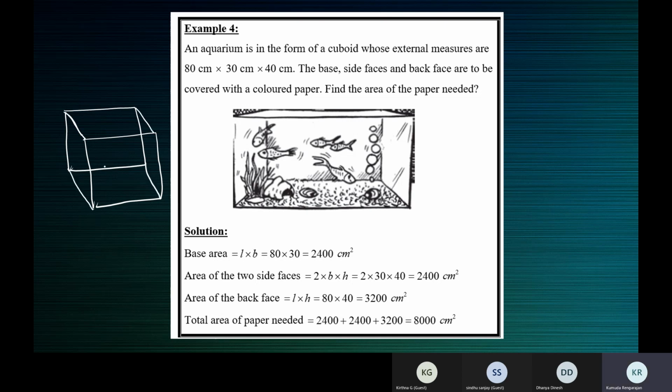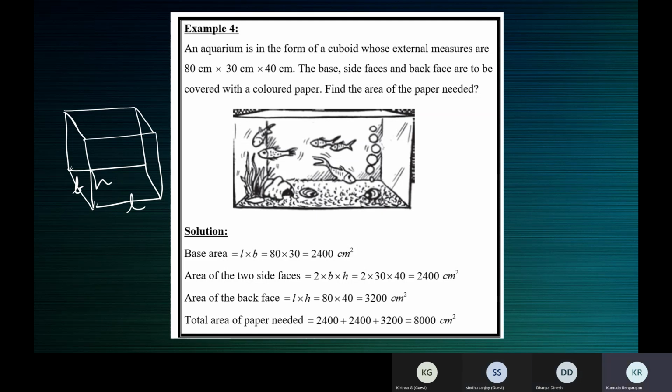Okay. Yes, children. Now tell me, this is the length, this is the breadth, and this is the height. The regular way, nothing different. Now, what is the area of the back face? L into H, ma'am. Front face. L into H, ma'am.